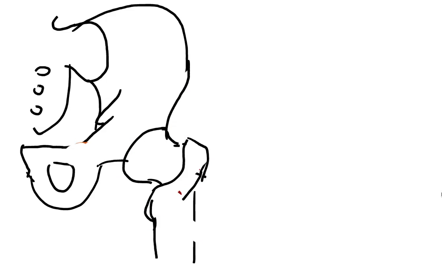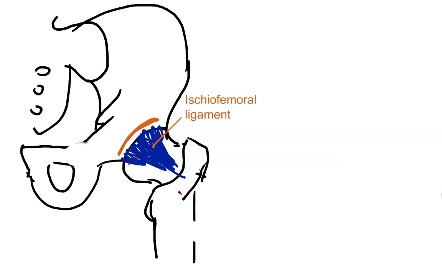And the ischiofemoral ligament, which is the final one, arises from the ischial margin of the acetabulum, behind the bit that we can see here, the ischial margin. This is the ischial margin, but if you imagine from a posterior view, it inserts into the iliofemoral ligament, which is the one, remember, coming across here, and partly into the greater trochanter.